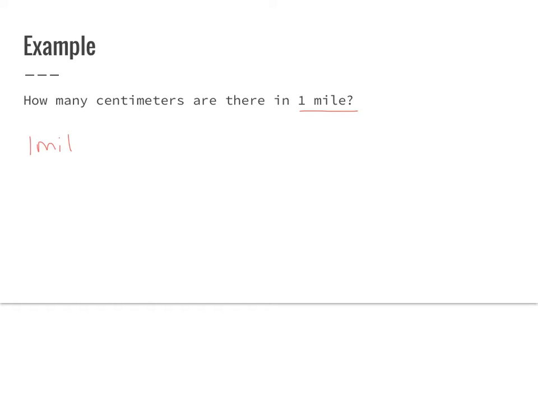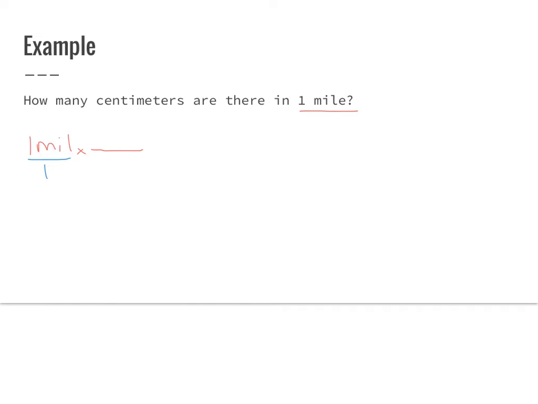Now, the idea behind the factor label is that we are going to multiply by what are known as conversion factors. Conversion factors are going to be fractions, so there'll be a top and a bottom, and the idea is that units on opposite sides of the fraction are going to cancel out. Now, it's important to recognize that our given information is always going to be on the top of a fraction, and so sometimes it helps to just put that given information over 1 so that we remember that in this case the 1 mile is found on the top of my fraction.